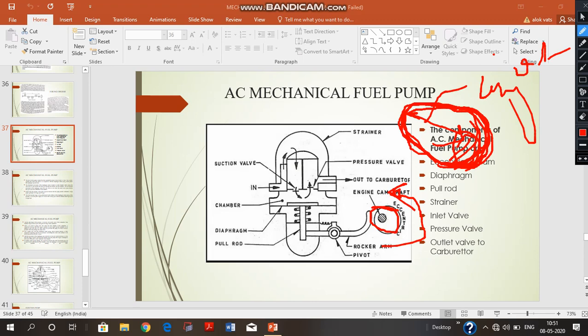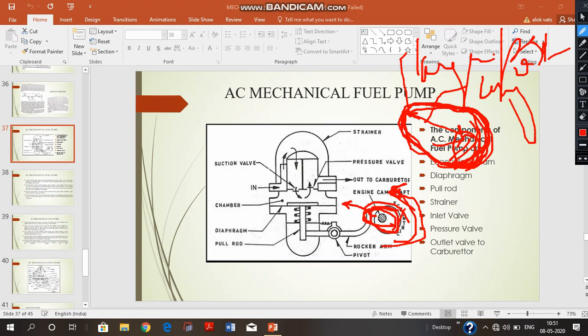rotating like this in the anti-clockwise direction, so when it is rotating and this protruding portion, this larger part of the cam, comes in contact with this rocker arm, it tends to push it in this direction.